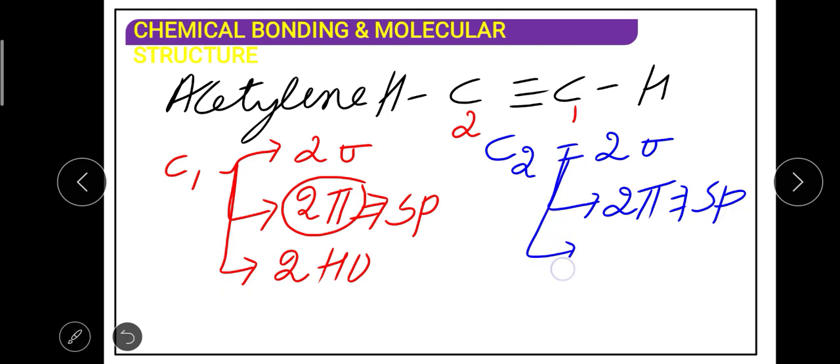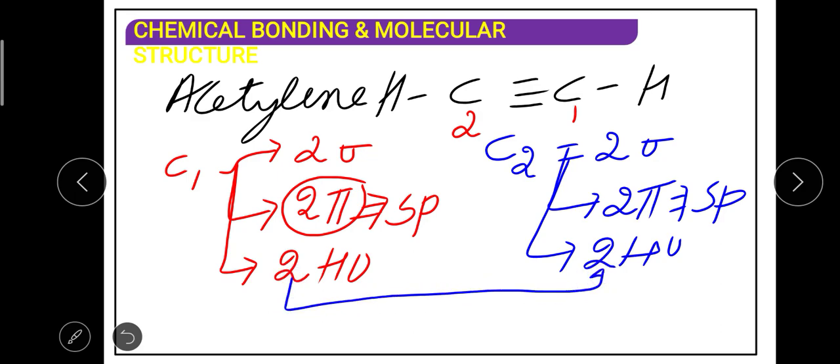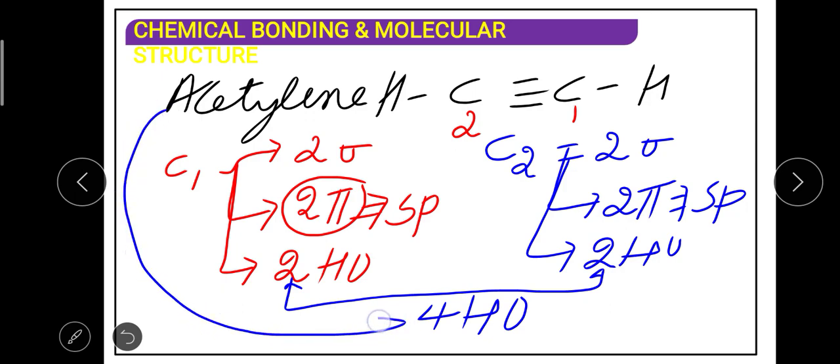So how many hybrid orbitals? 2 hybrid orbitals. Totally, how many hybrid orbitals? 4 hybrid orbitals. Acetylene has 4 hybrid orbitals in total. Any doubts? Okay, now I'll move on to the next slide.